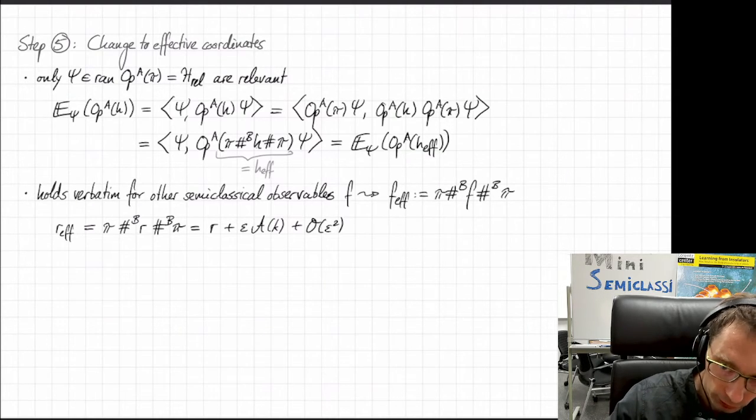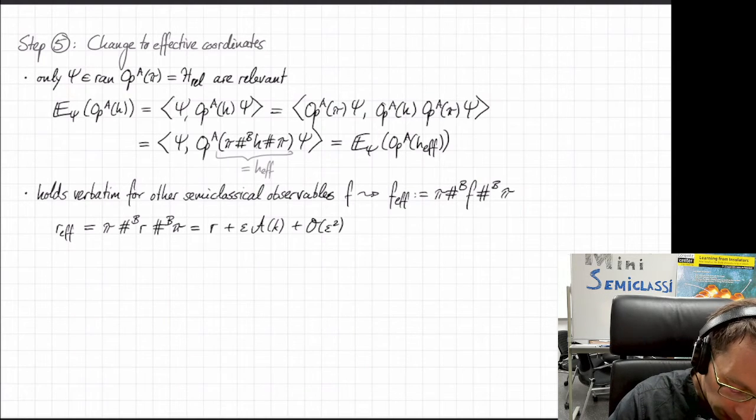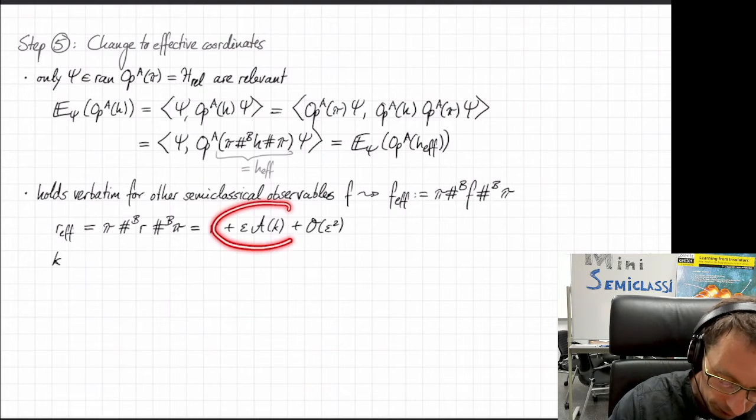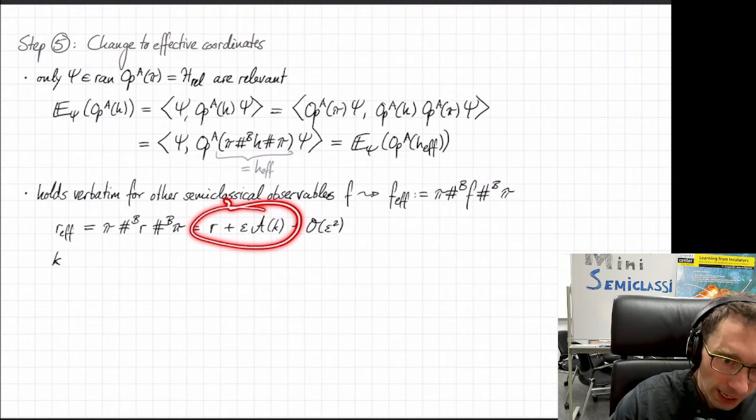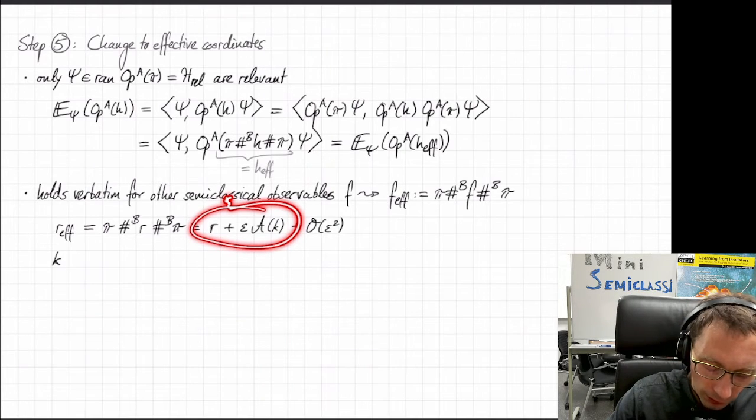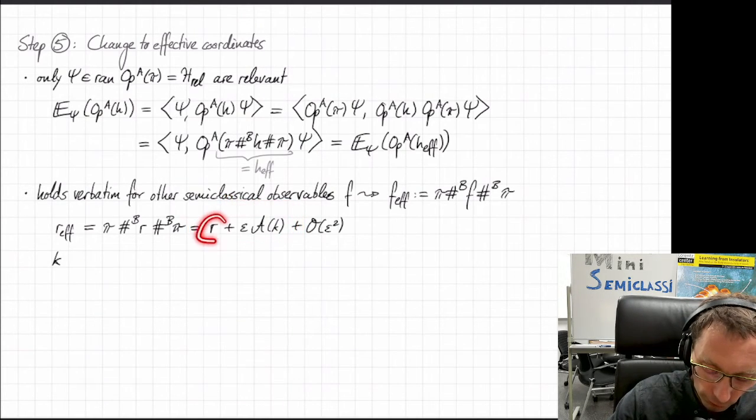The curvature will come into play in the next step. And you see that, so this is the same as in the paper by Sundaram and Niu. Here literally the Berry connection plays exactly the same role as the magnetic vector potential. It just appears for the position coordinate rather than the momentum coordinate.